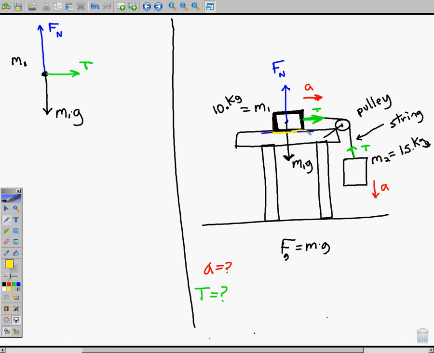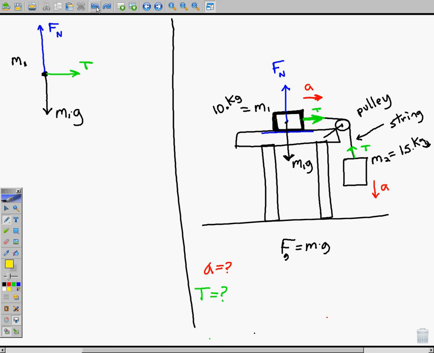So we're not going to add it into this problem, but in the future we'll have a friction force going to the left, like that, and a friction force going over here to the left like that. Don't draw it here, because there is no friction force here, since they said it was a smooth table. So that's all we have there on M1.